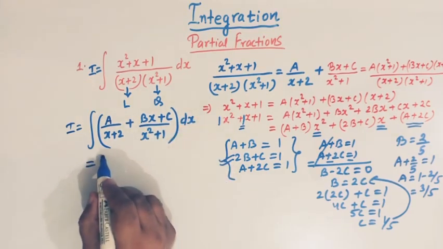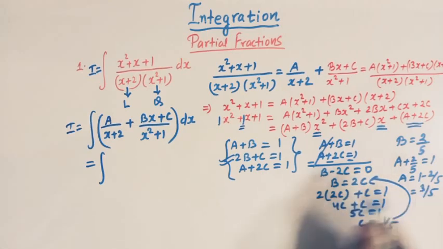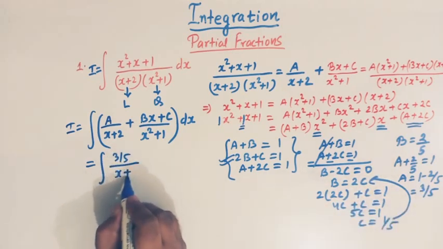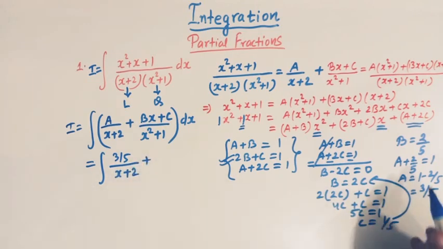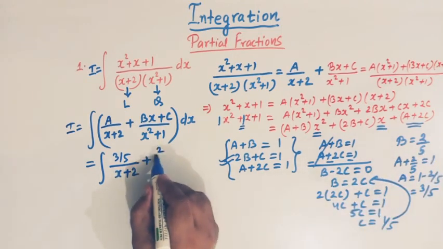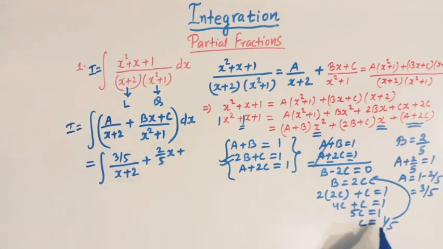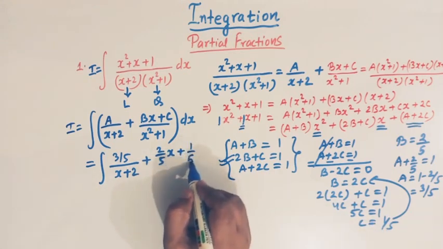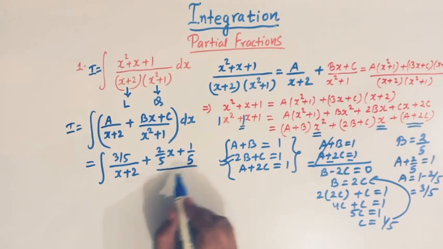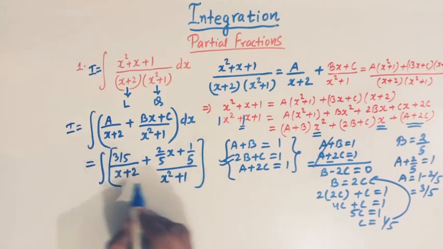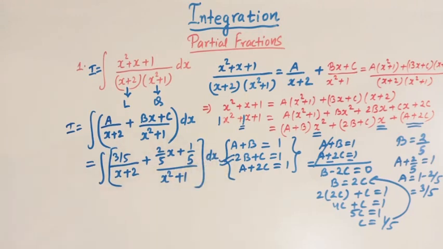Okay, now if we substitute the values, the value of a is 3 by 5 here, and this is x plus 2, then we have the value of b as 2 by 5 x plus the value of c is 1 over 5, divided by x square plus 1, and here we have dx, right?